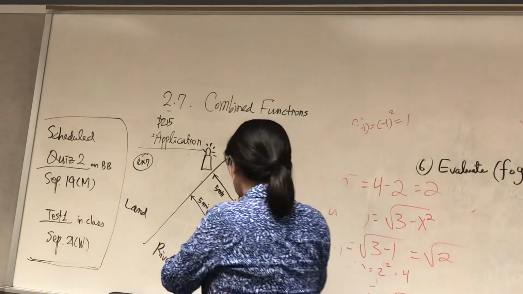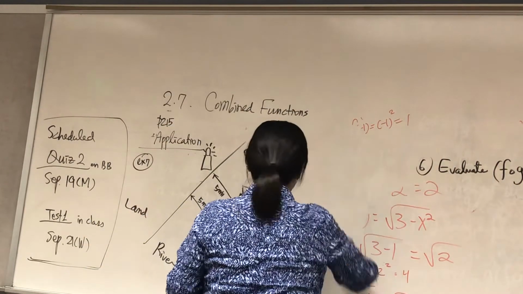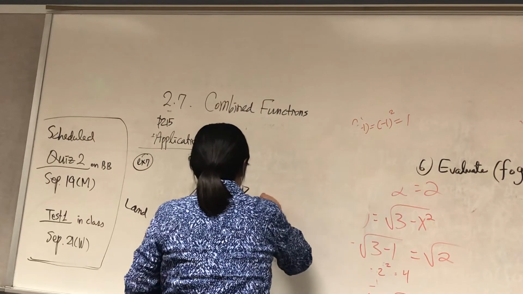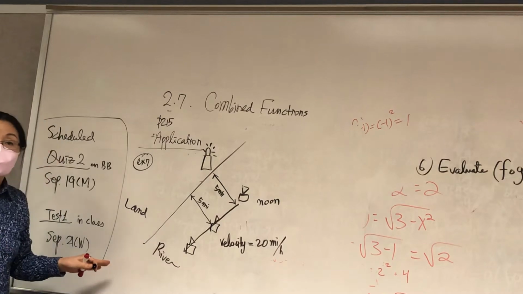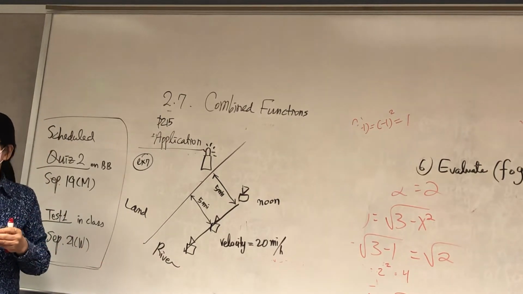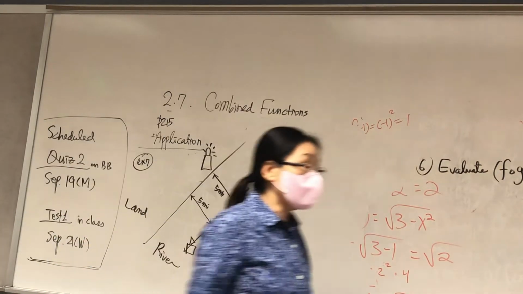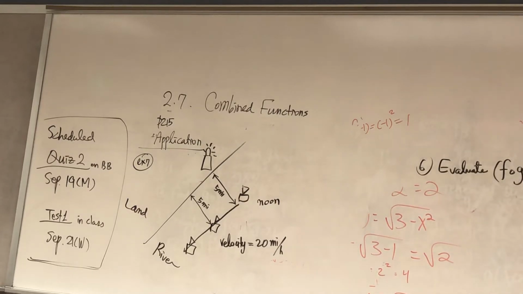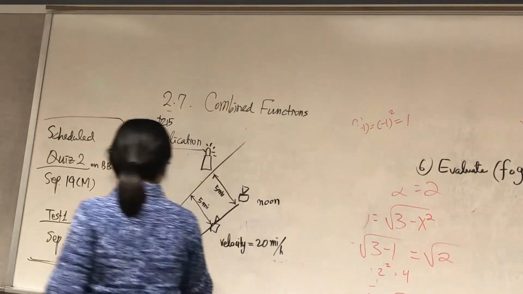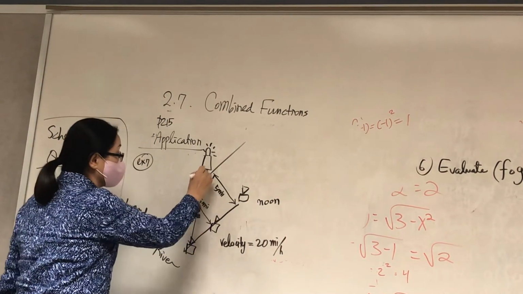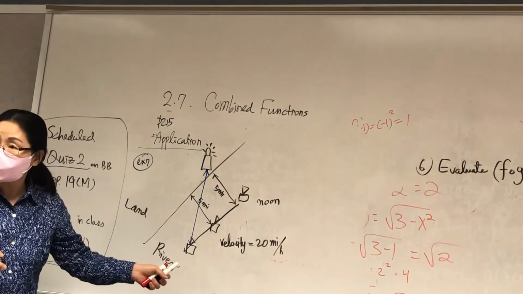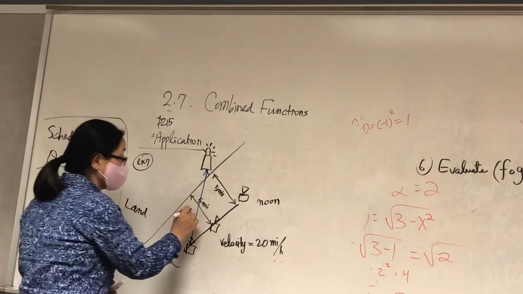Your ship starts at noontime here, and then as time goes it moves in this direction. You are interested in the distance between the lighthouse and the ship. This is your D, am I right?